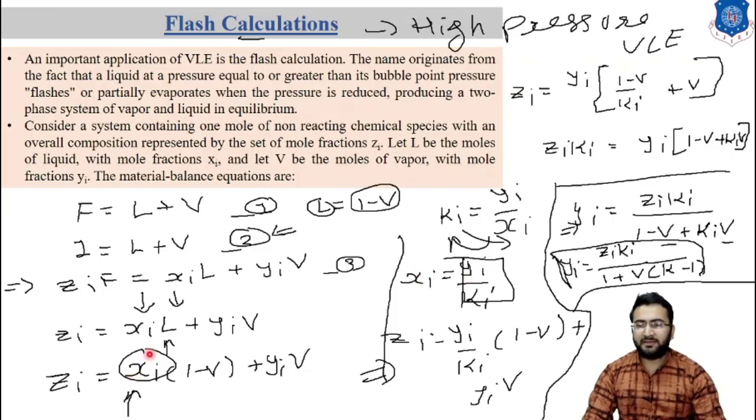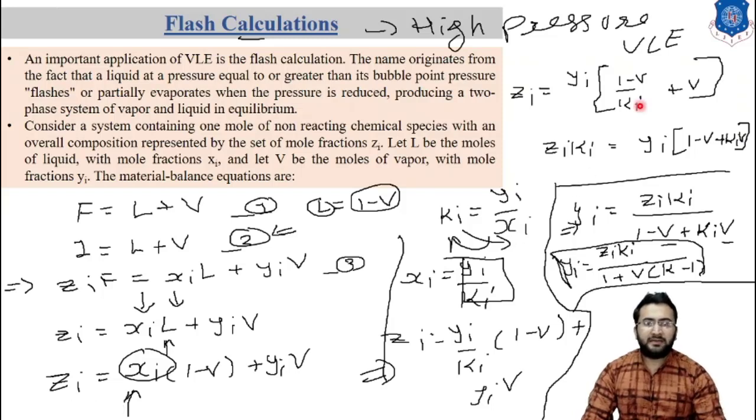So replacing this Xi with Yi upon Ki, we will get Zi is equal to Yi upon Ki into 1 minus V plus Yi into V. Now taking this Yi common from both terms, we will get Zi is equal to Yi times (1 minus V upon Ki plus V).